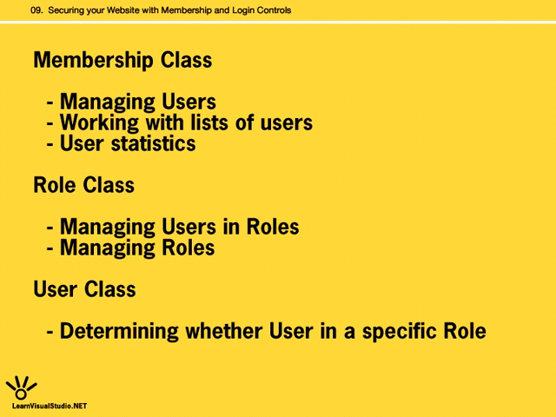And then finally is the user class, which we use to determine whether or not the current user has been successfully authenticated. There are also some additional classes, but as you begin to dive off the deep end and get immersed in utilizing this rich programming model, you're going to learn what they are and their purpose, so I'm not going to go into them right now.